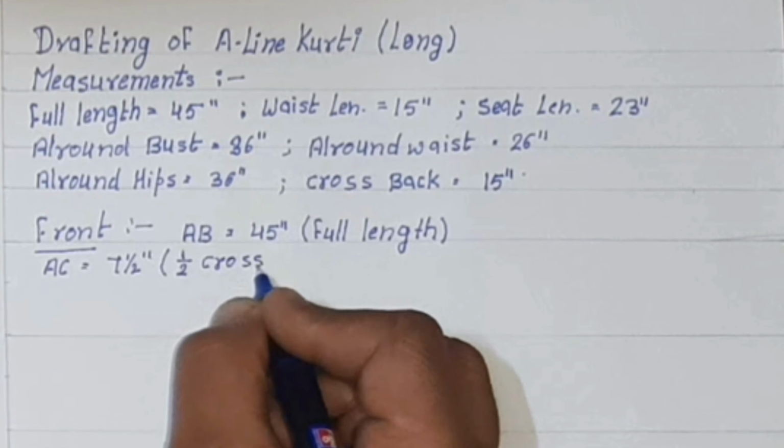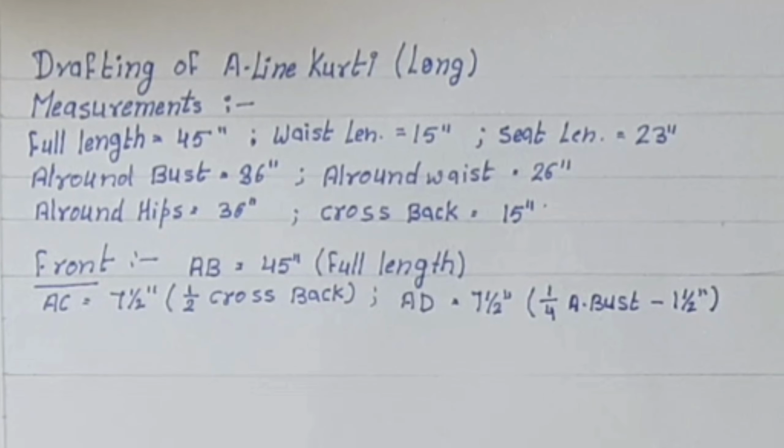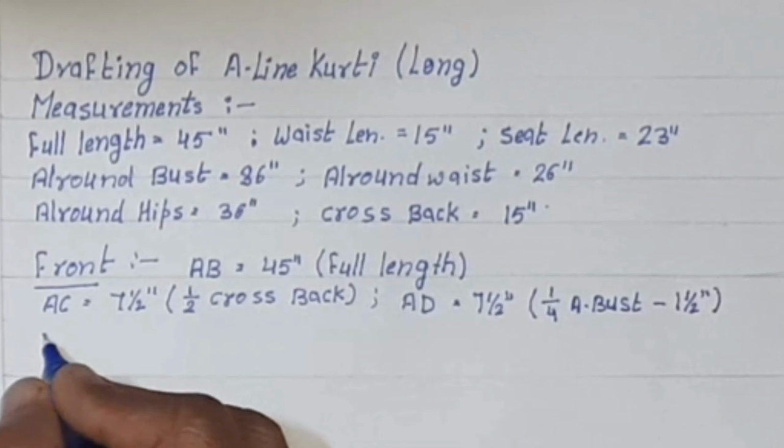And now we'll mark 3 points D, E and F respectively on line AB, as AD is equal to 7.5 inches, that is 1/4 of the all round bust minus 1.5 inches. This is the depth of armhole.